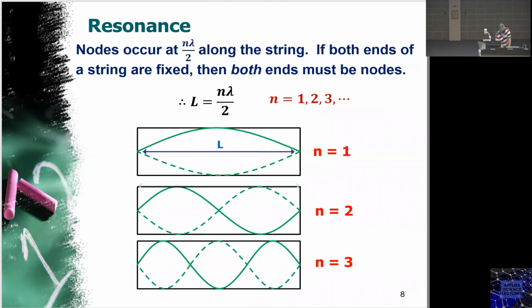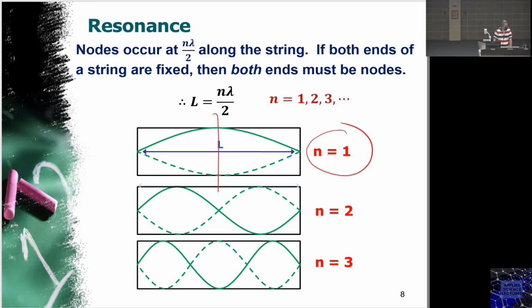If we have one antinode here, then we are talking about the fundamental frequency. So this is the fundamental frequency. This is the lowest frequency that has the longest wavelength. So one antinode, this means n equals 1.